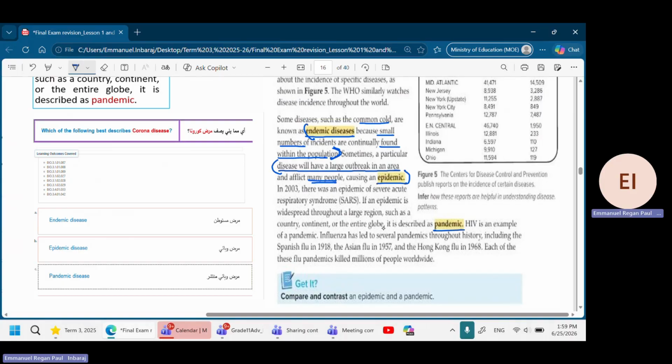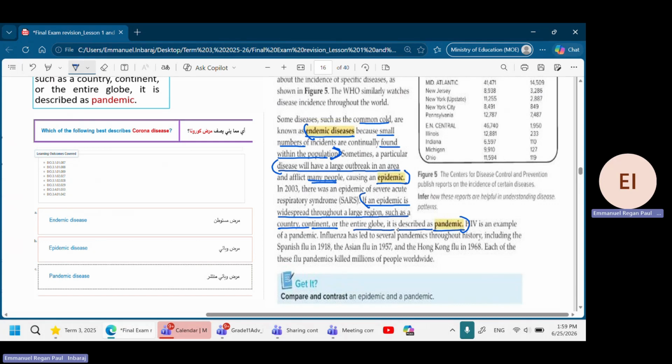This is epidemic. Then look at pandemic. If an epidemic is widespread throughout a large region, such as a country, continent, or the entire globe, then it is called pandemic. This is the third one.